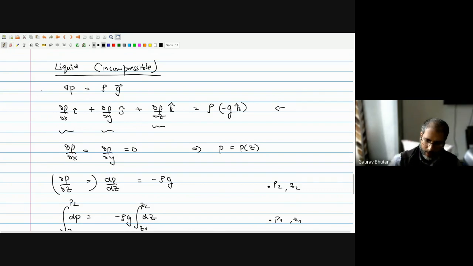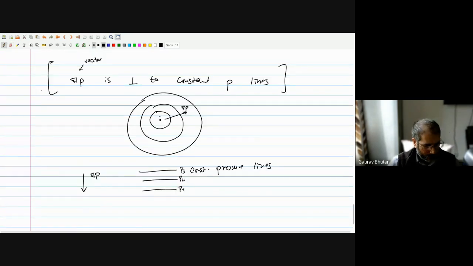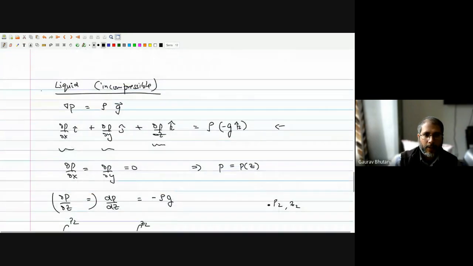Any questions? Now, this was for liquid. So we started with incompressible liquid. Now, let's talk about gases in the atmosphere.